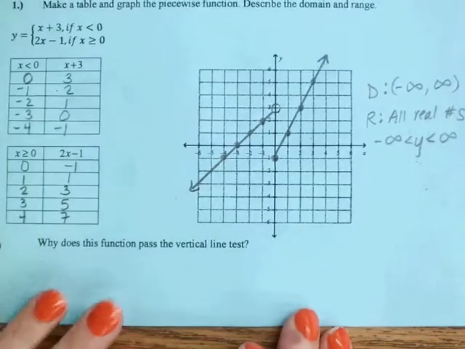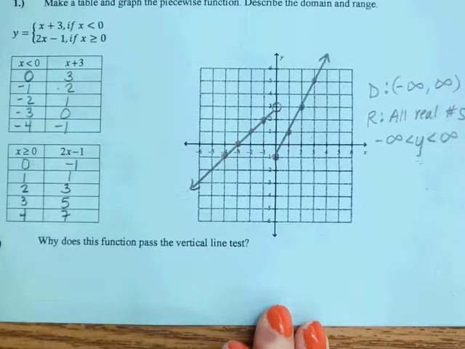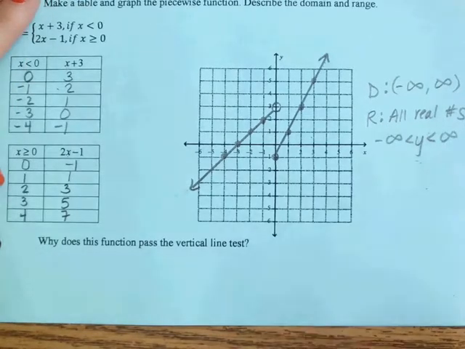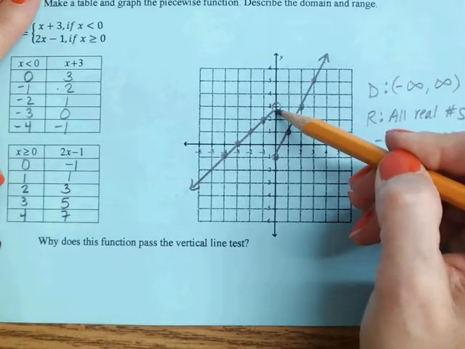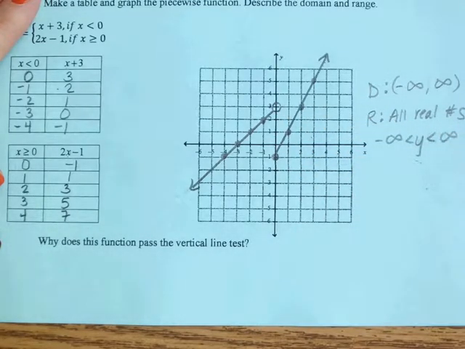The last thing on this front page is why does this function pass the vertical line test? Okay, so if you remember the vertical line test, our vertical line cannot pass through more than one point. So that's where with this piecewise function we have an open circle with a closed circle. The open circle makes sure that this happens, that it does pass that vertical line test.